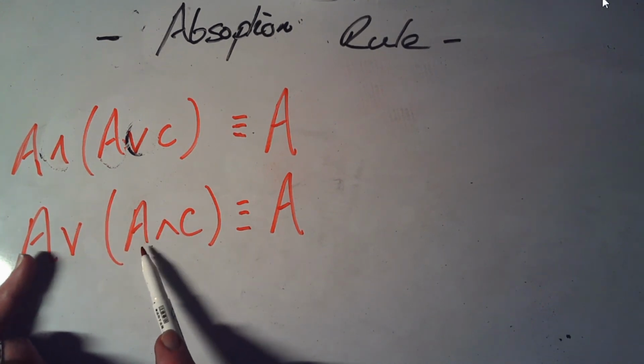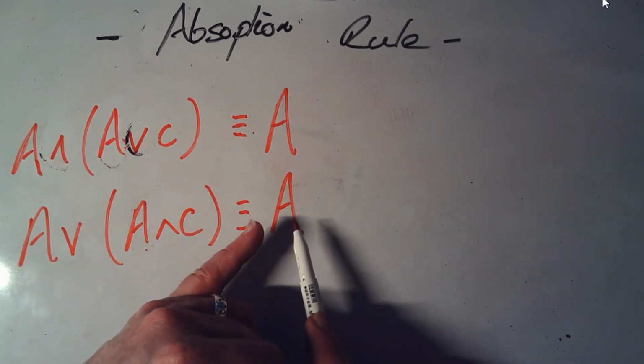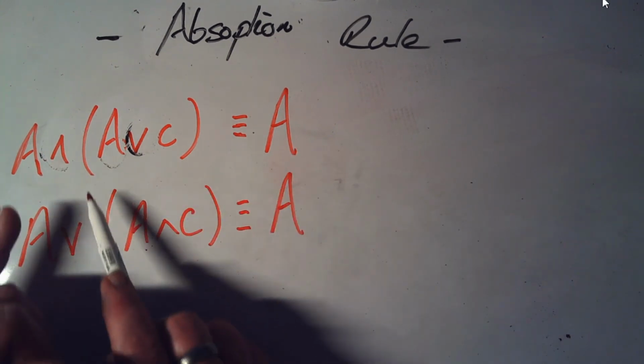Where we've got a match, in this case A and A, then it becomes logically identical to that duplicate variable.